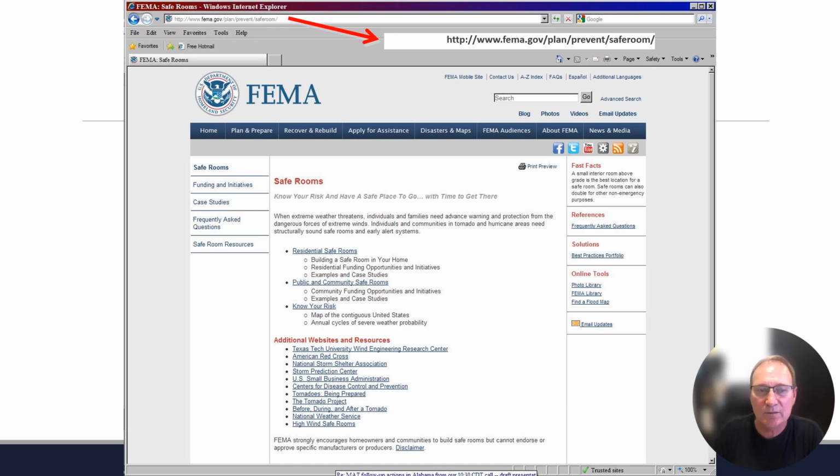So this is the web page of information that FEMA has about safe rooms. The main point that I'll make here is in your home, identify where is a safe place in your home. If you live in a house with a basement is typically safer.